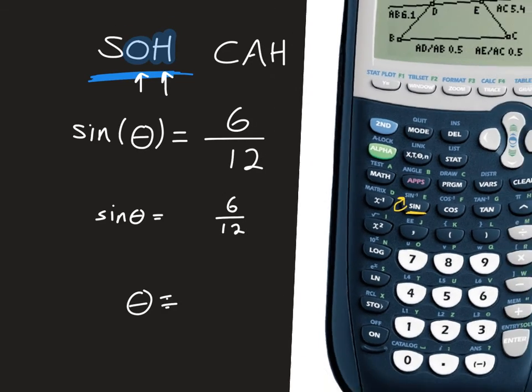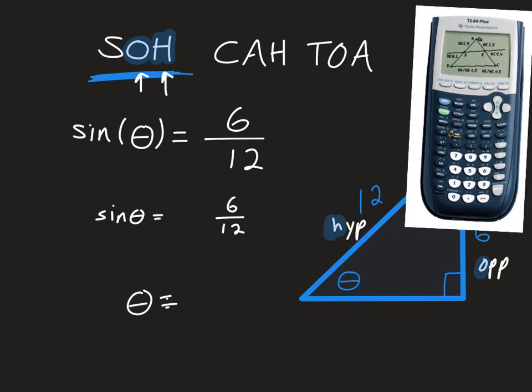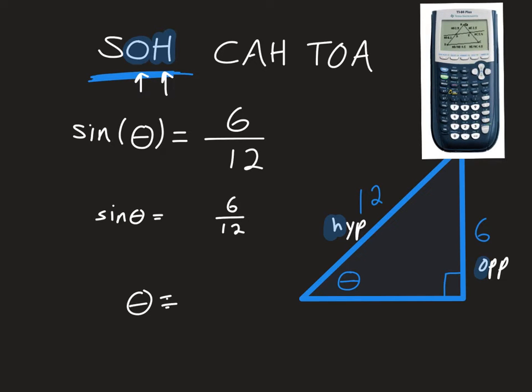So just like I would subtract to undo addition or divide to undo multiplication, if I want to undo the sine function here, then I'm going to take the inverse sine. When I take the inverse sine of sine theta, those two things cancel each other out, and I am left with just theta like I wanted to. But anytime you do something to one side of the equation, you have to do it to the other as well. So I'm going to take the inverse sine of the right side as well.